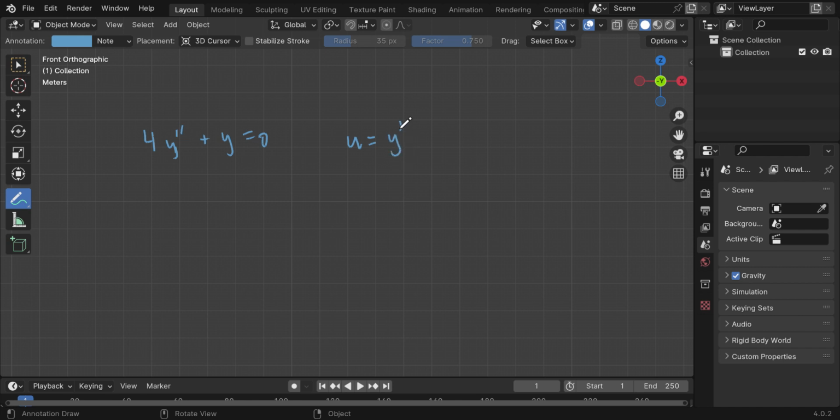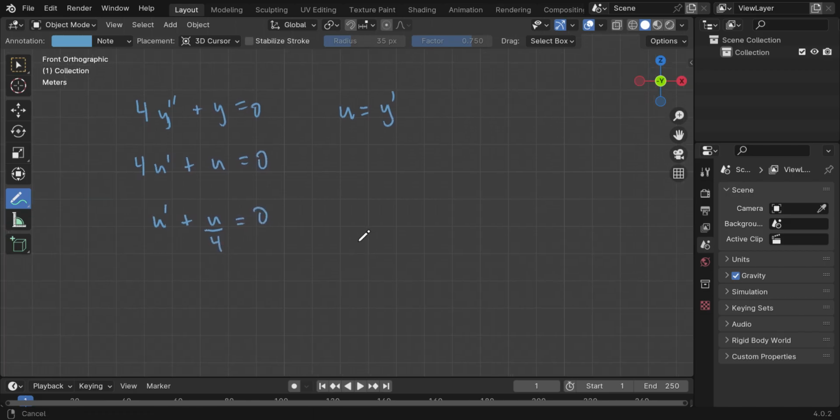Then we get 4u' + u = 0. And then we put it in standard form: u' + u/4 = 0.